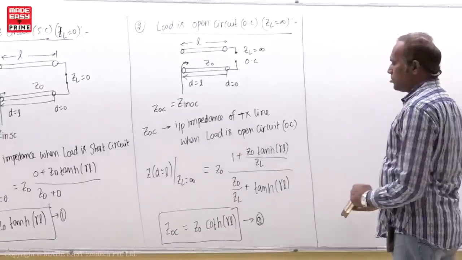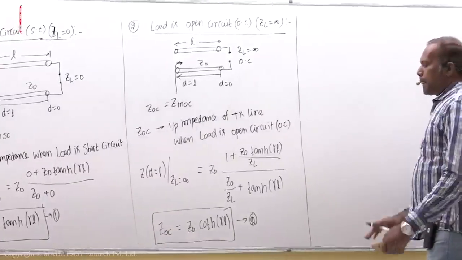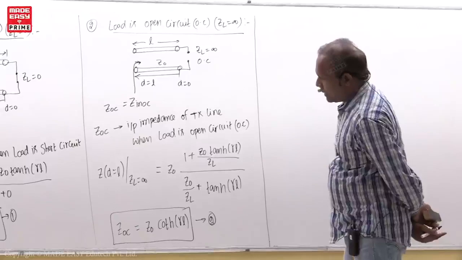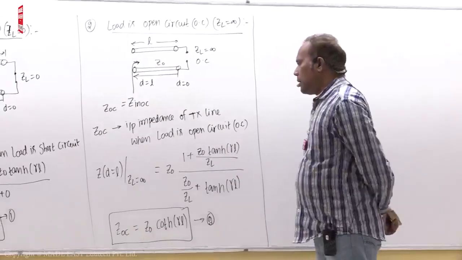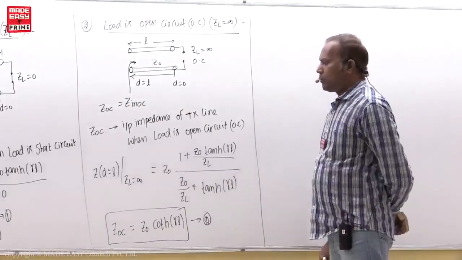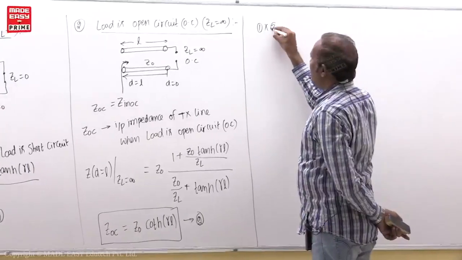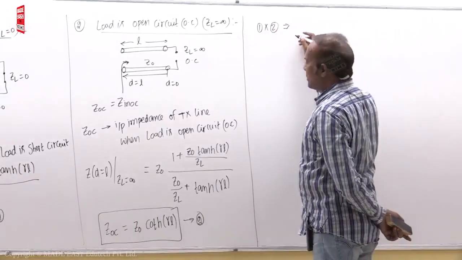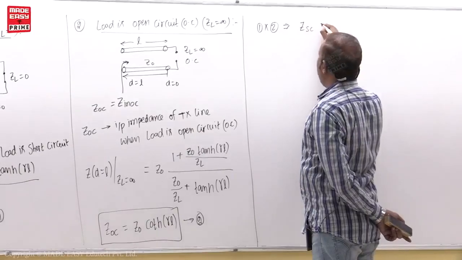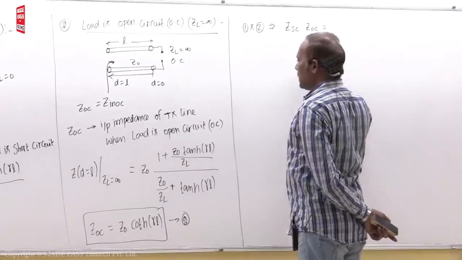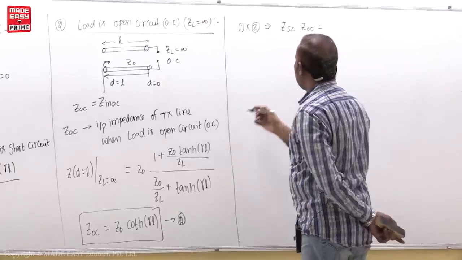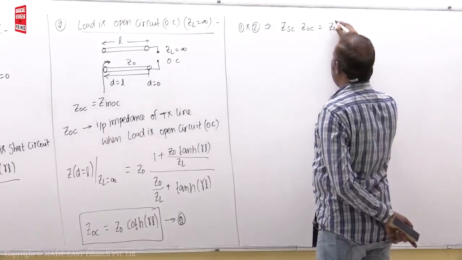So, dear students, equation 1 multiplied with equation 2, what do you get? ZSC multiplied with ZOC is equal to Z0 into Z0, which is Z0 square.